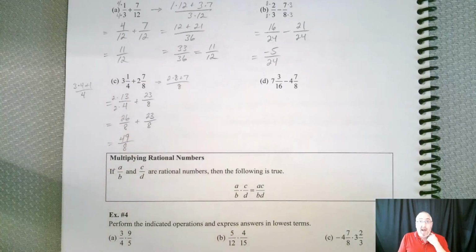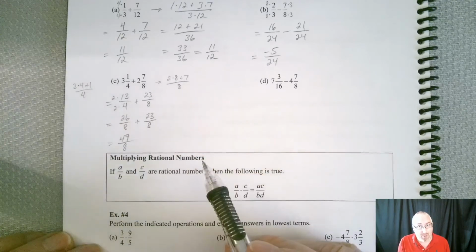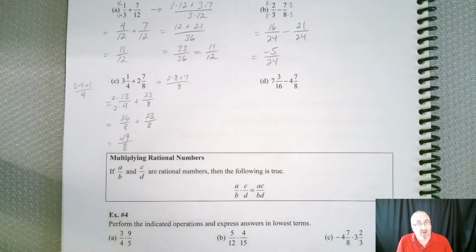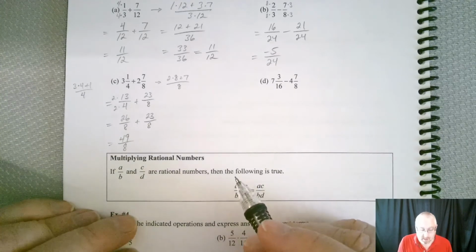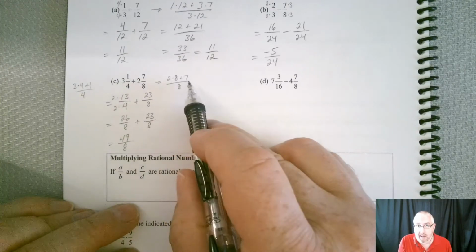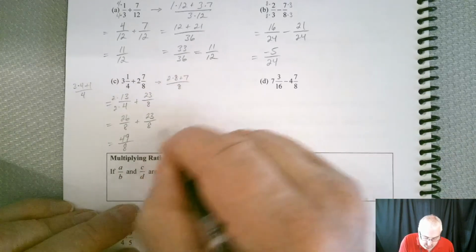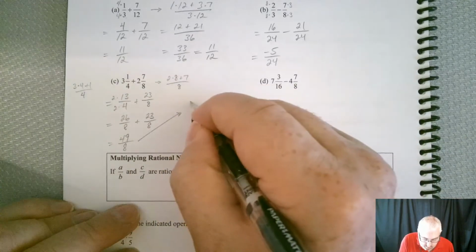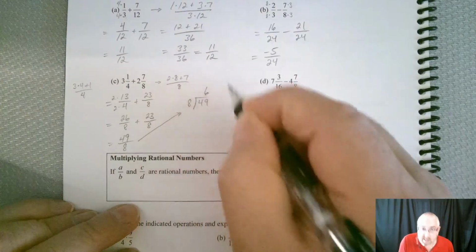Now, anytime you have a problem that starts with mixed numbers, you got to end with a mixed number. So we know how to change them, but we got to change it back into a mixed number. And how we do that is dividing and subtracting. Just the opposite of what we did here. We multiplied and added. We got to divide and subtract. So let's just take it off to the side here. 8 goes into 49 6 times.